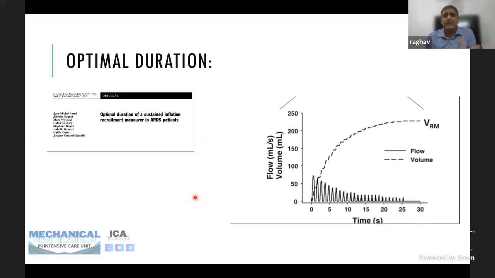Studies have shown that you don't need a prolonged recruitment maneuver for optimal recruitment of the lung. The study quoted here has shown that the maximum recruitment occurs in the first 25 to 30 seconds, and there is no significant recruitment after 30 seconds. So if you want to try a recruitment maneuver, try it for 30 seconds and don't go above 40 centimeter of water.